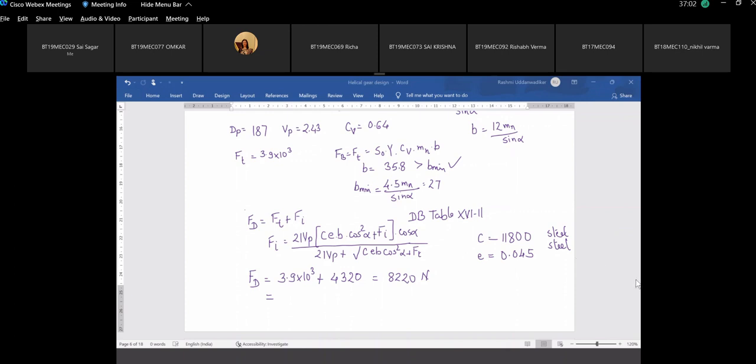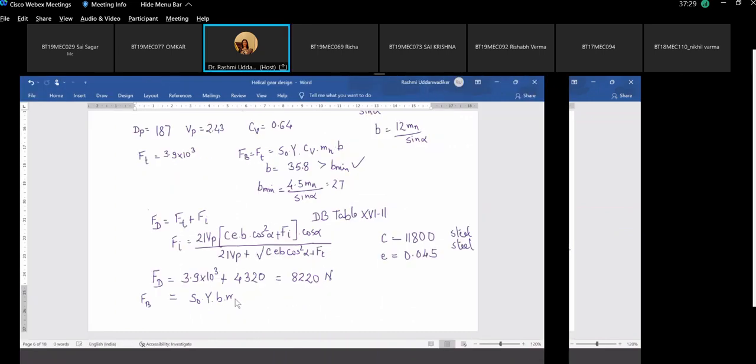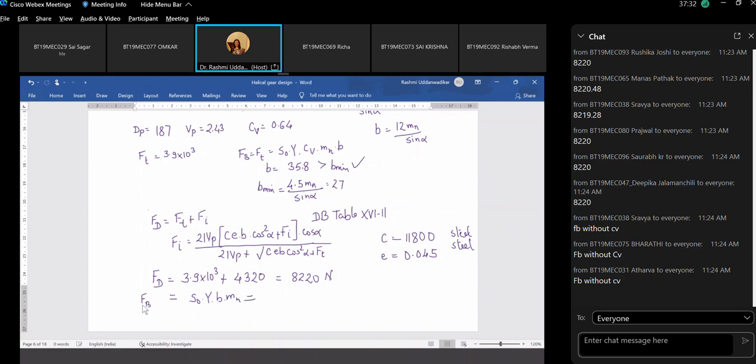Shantanu? Rakesh? Arshita? FB without CV. Give me the value of FB without CV, which is S0 Y B Mn. We want this to be greater than 8220.